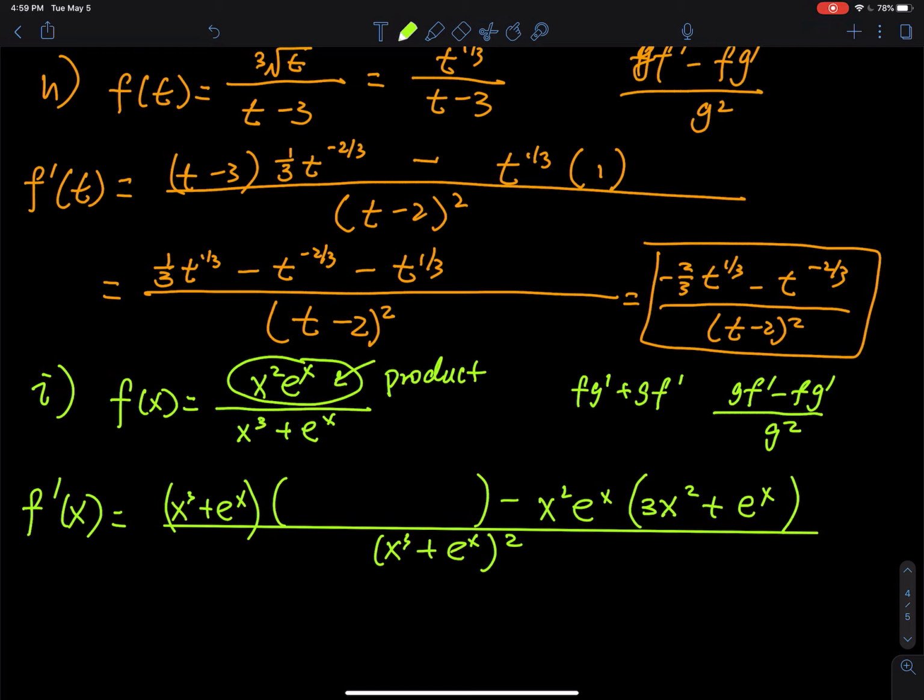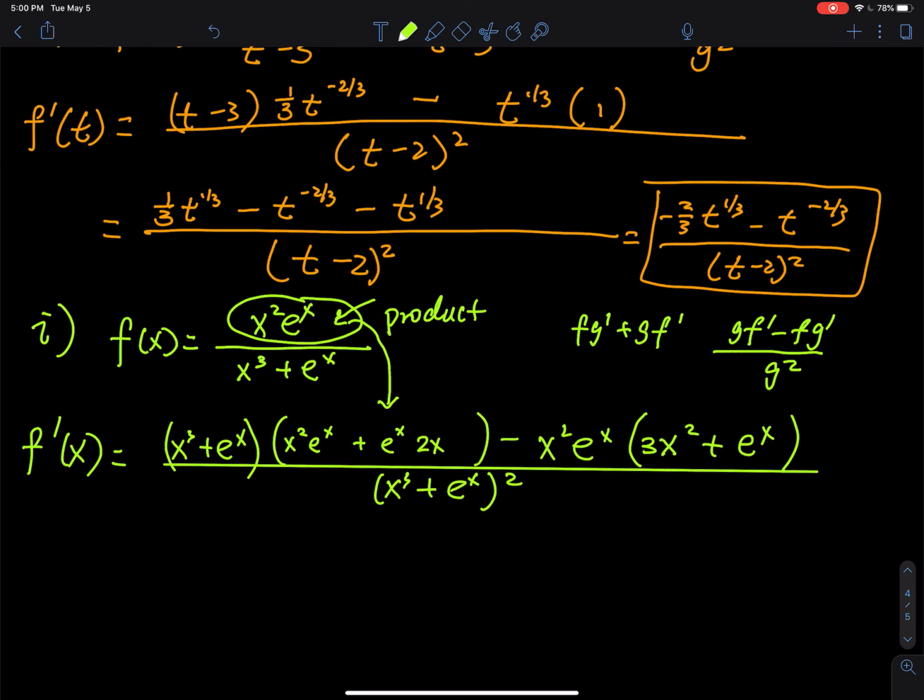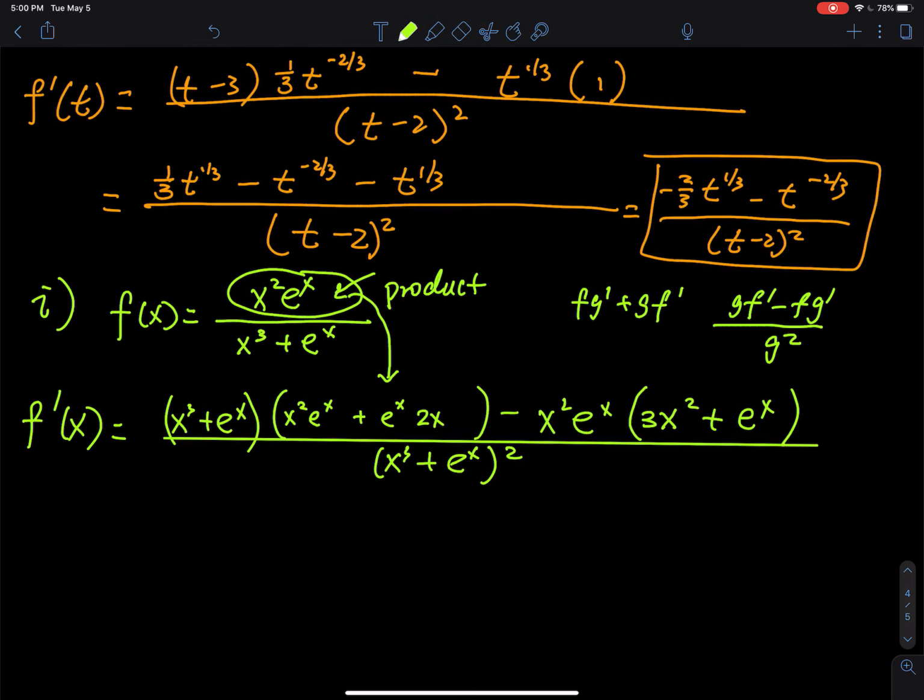The product rule is f g prime plus g f prime. So we do f, g prime is still e to the x, and then plus g, and then f prime, 2x to the first. Okay, and then we expand the top, cancel some like terms if possible, and then we write our final answer.